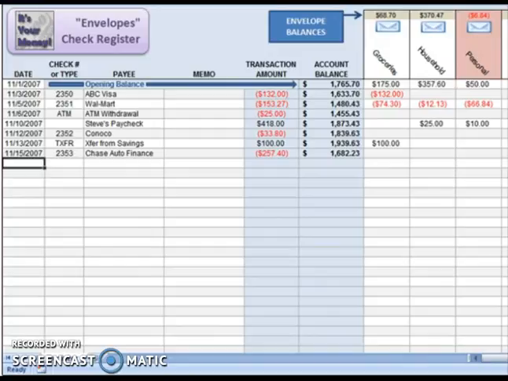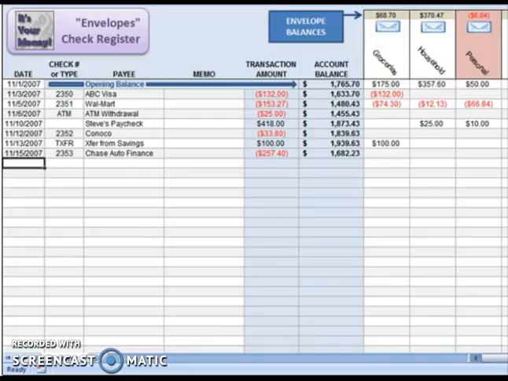So every time you get paid, you're going to put $400 from each paycheck into the grocery envelope, right? And so you can start utilizing that money.